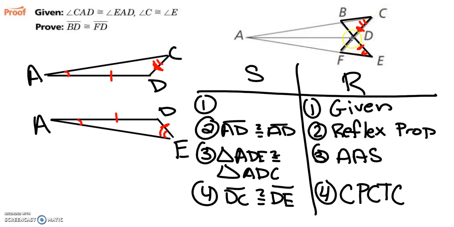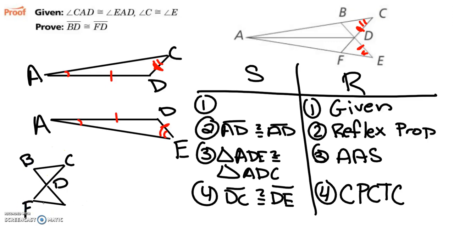So what I'm going to do is move this over here. I'm going to relabel. This was B, C, D, F, and E. And we already said these were congruent to each other. And then we just proved DC was congruent to DE because of CPCTC.